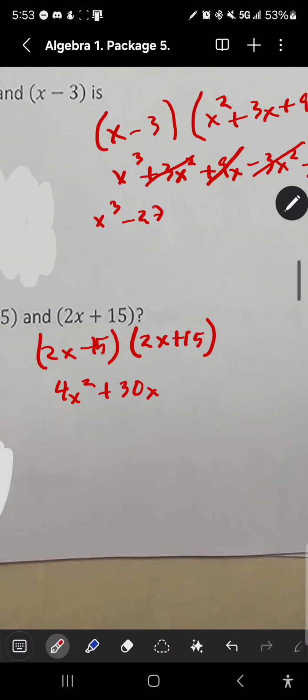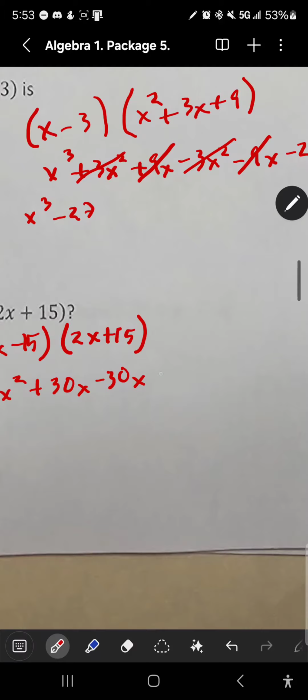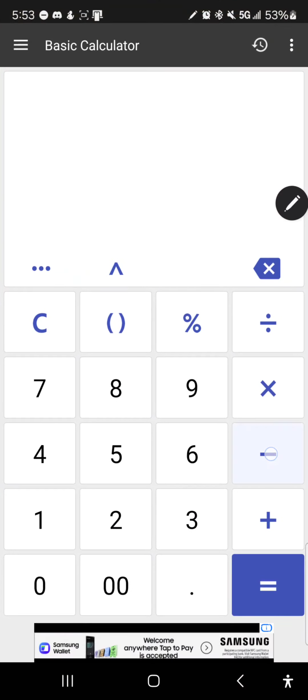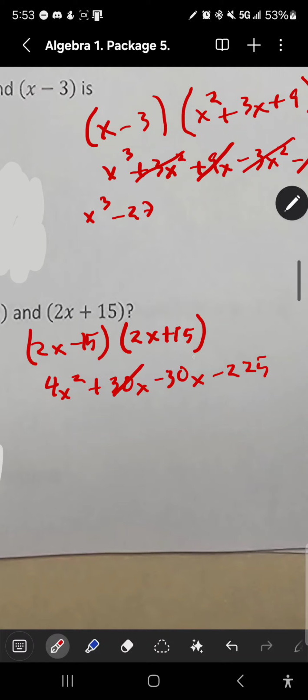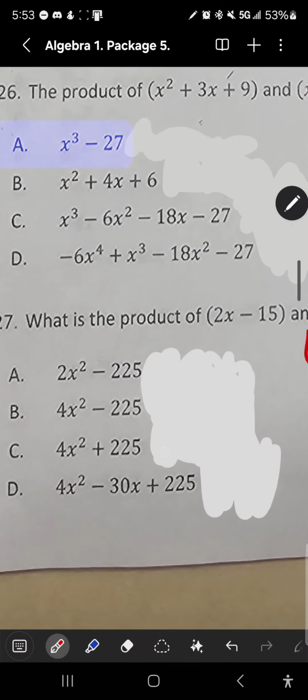Now negative 15 times 2x is negative 30x. And then negative 15 times 15 is negative 225. We can use our calculator. So negative 225. Now 30x minus 30x cancels out, is 0, and we get 4x squared minus 225, which is B.